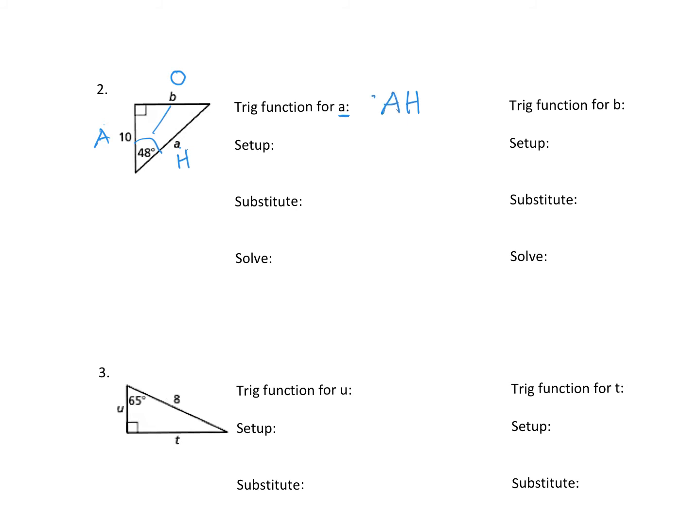So I want CAH, so we want cosine. So my setup: cosine of 48 degrees over 1 is the same as cosine is adjacent over hypotenuse, which is 10 over a. Cross multiply.